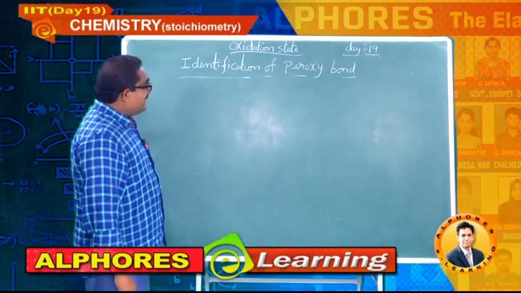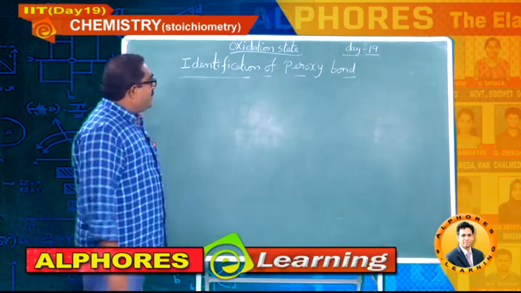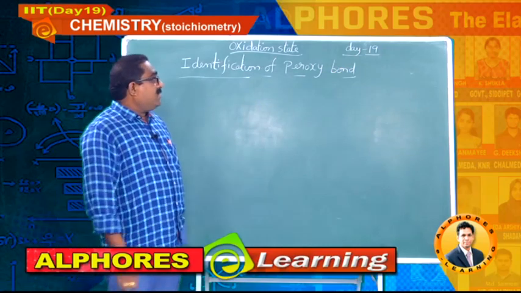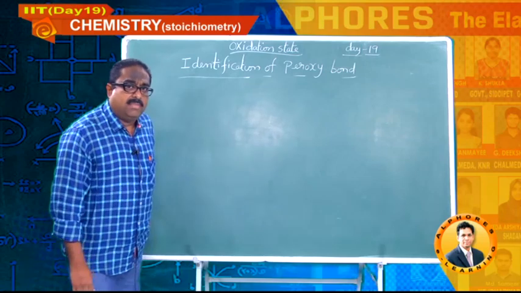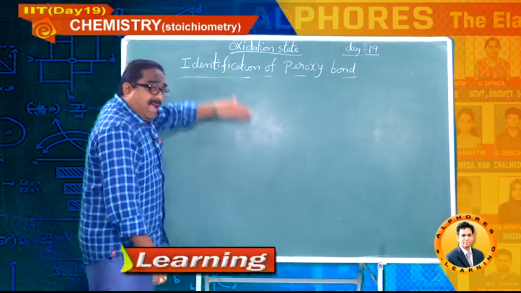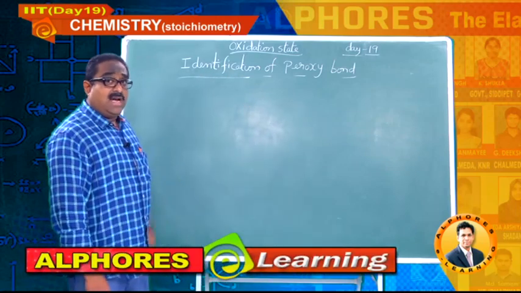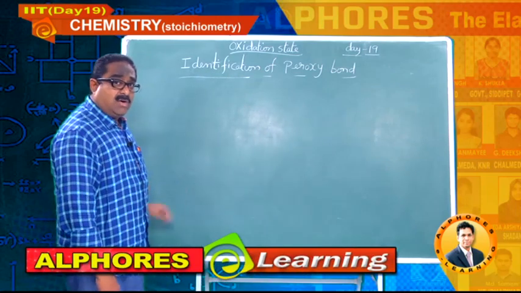Okay, students, now I am going to teach you about the identification of peroxy bond in a given compound. I will teach with examples, then you can understand very easily. You concentrate and note down.